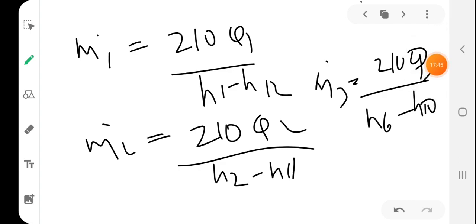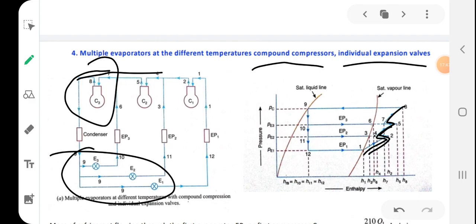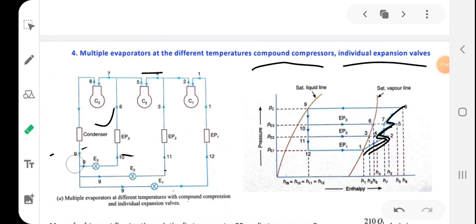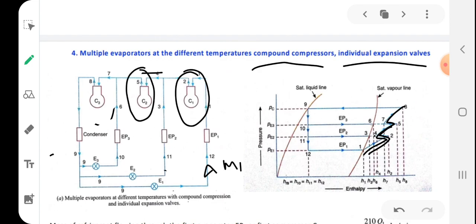One complexity that you may encounter is this. Suppose the mass flowing through this is m1. So m1 is getting compressed here.